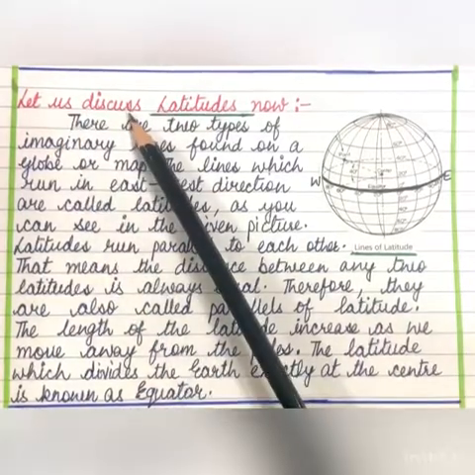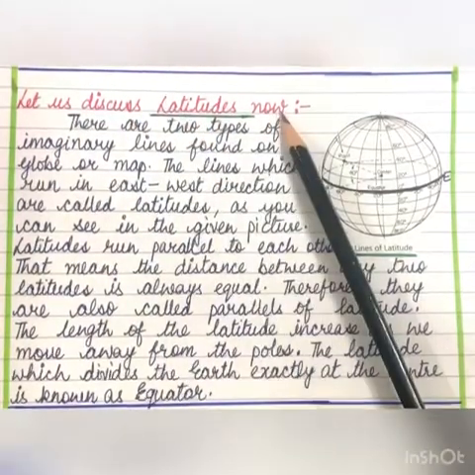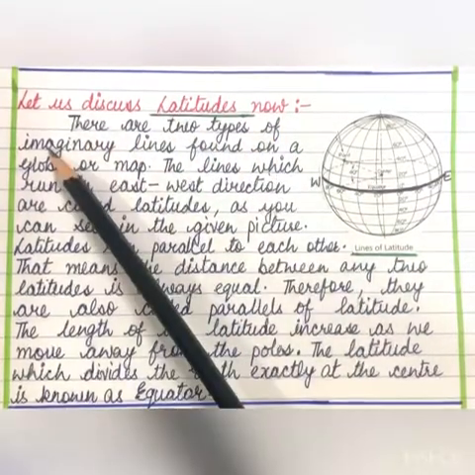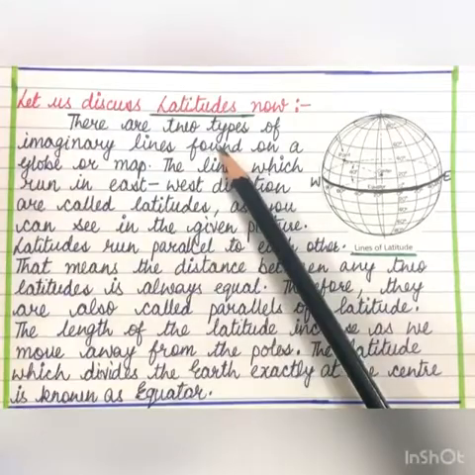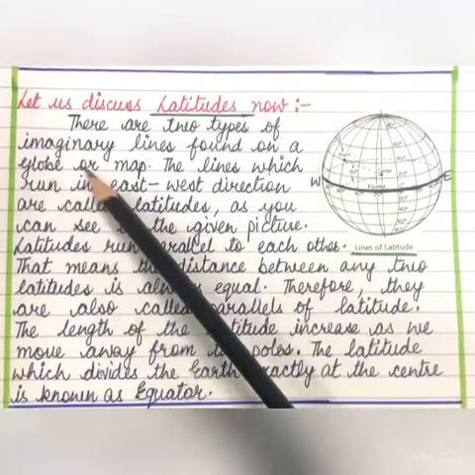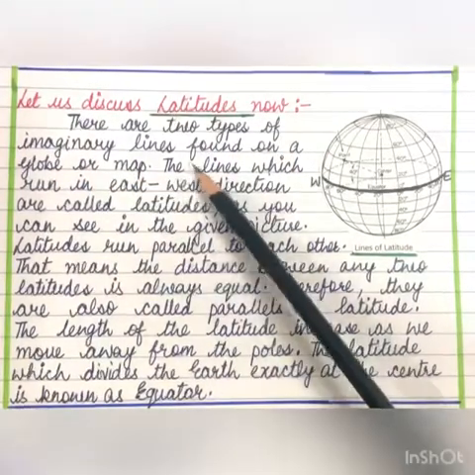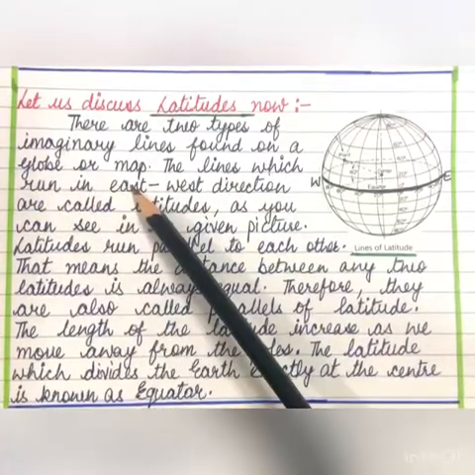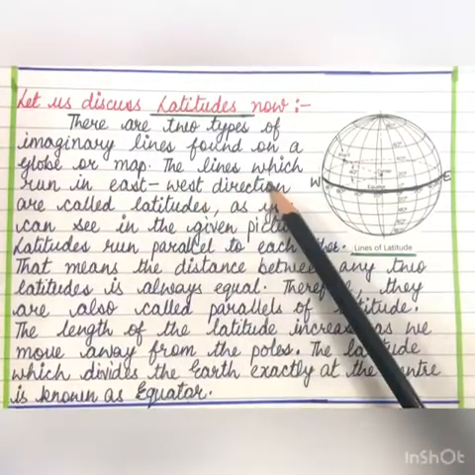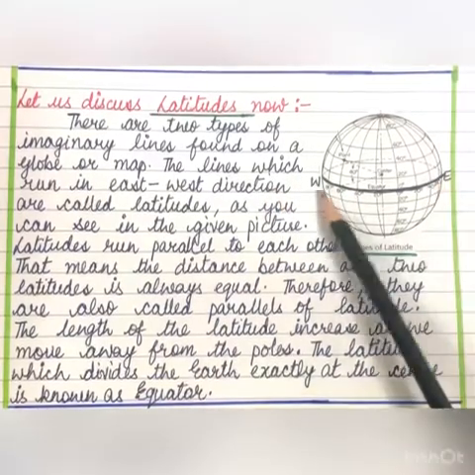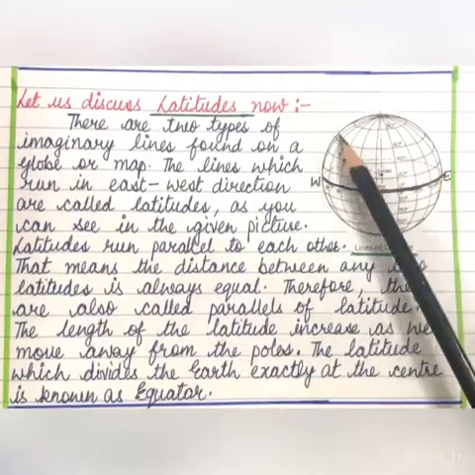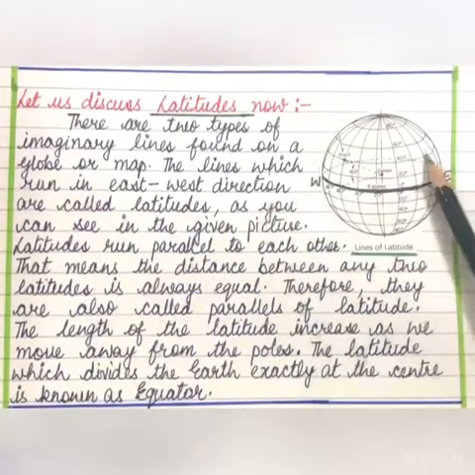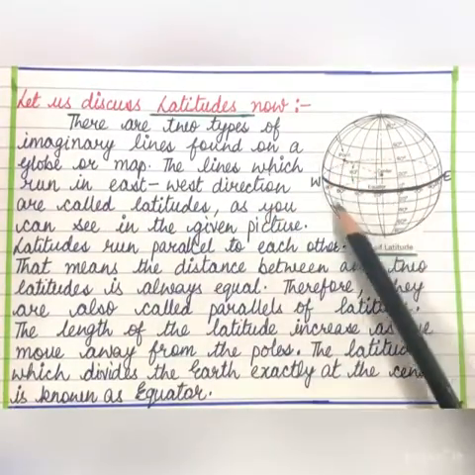Let us discuss latitudes now. There are two types of imaginary lines found on a globe or map. The lines which run in east to west direction are called latitudes, as you can see in the picture.